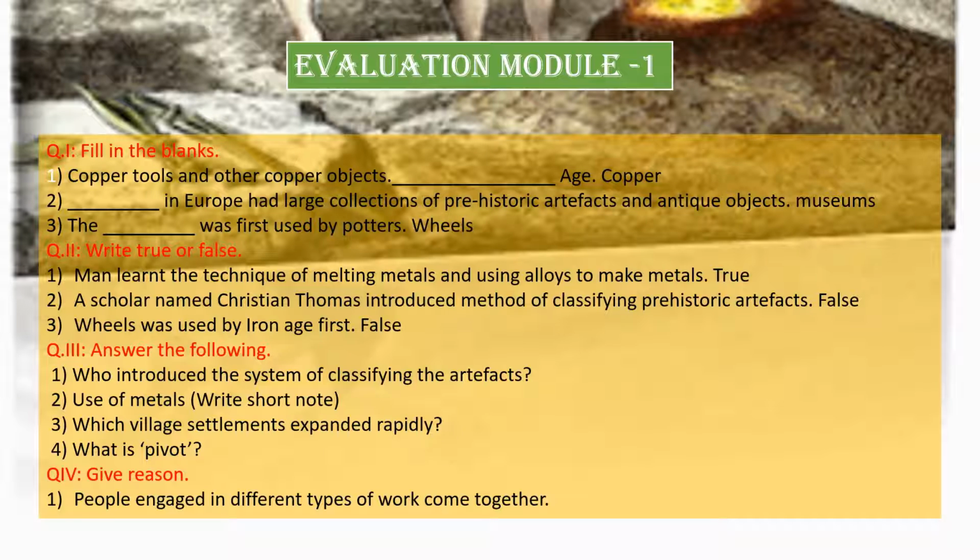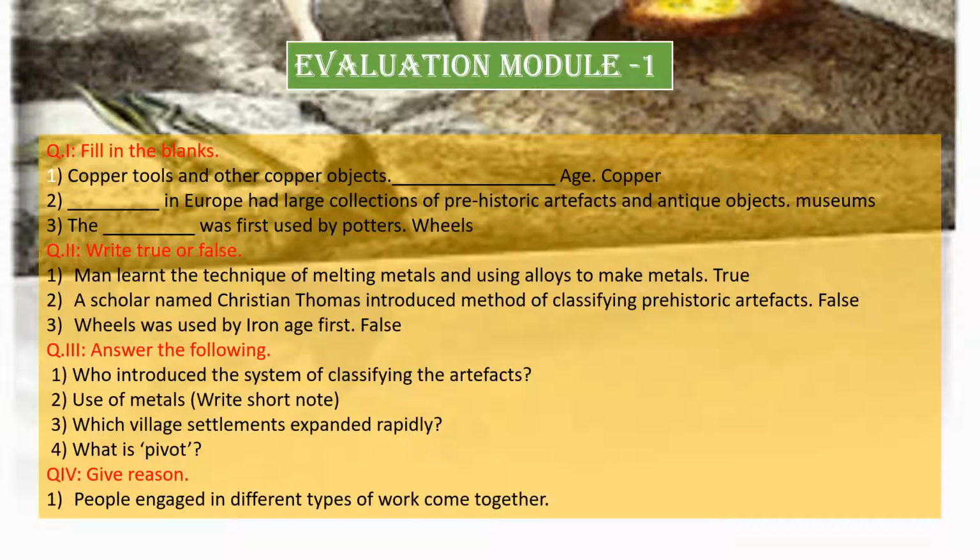Metal tools were easier and faster to make. Men learned the technique of melting metal and also using alloys to make the metal stronger. Technology developed and men's progress speeded up with the use of metals.